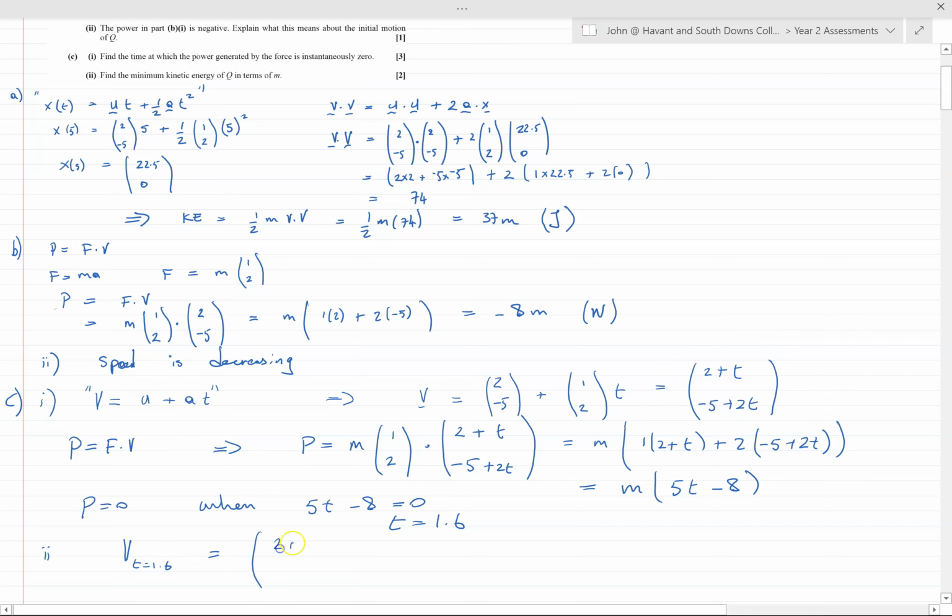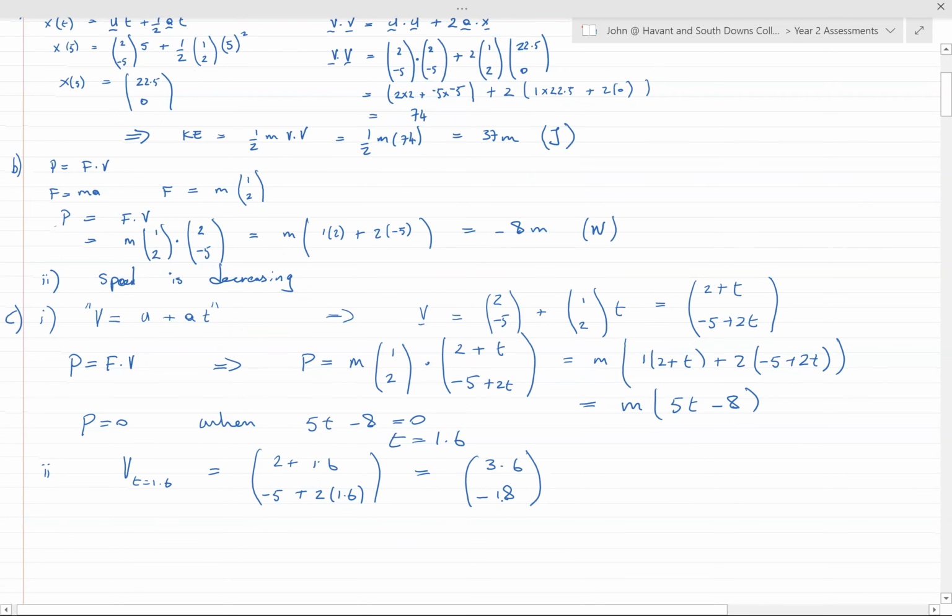v is equal to (2 + 1.6, -5 + 2 times 1.6). That equals 3.6, and here we've got 3.2 minus 5, so it's minus 1.8. Okay, so that's our velocity.